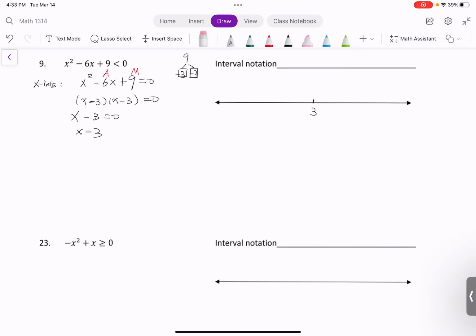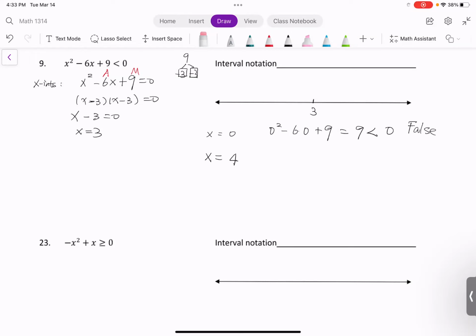So let's try x equals, for example, 0. 0 is here. 0 squared minus 6 times 0 plus 9 is 9. Is that less than 0? No, it's false. How about x equals 4? A point here.